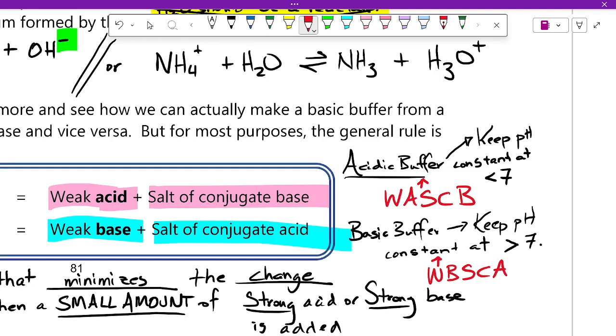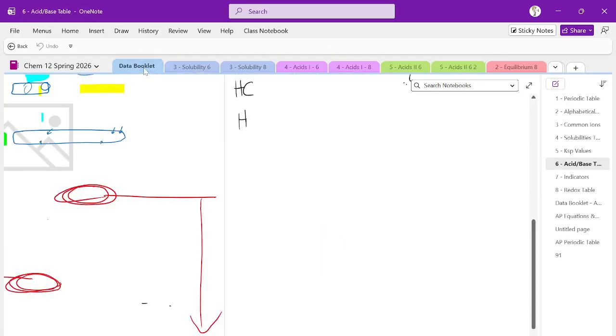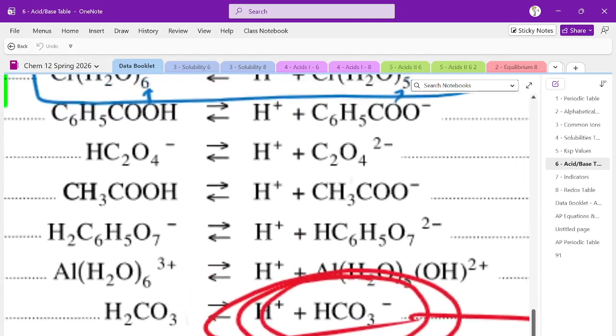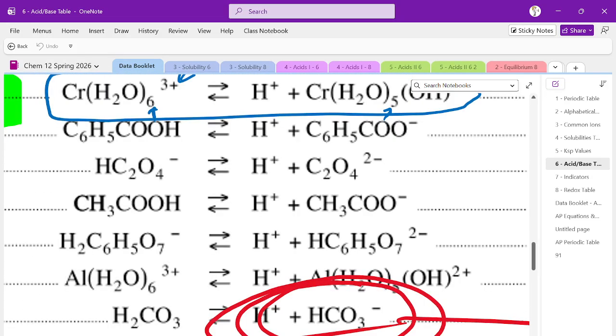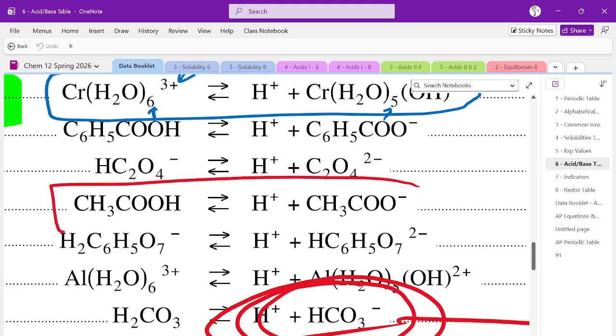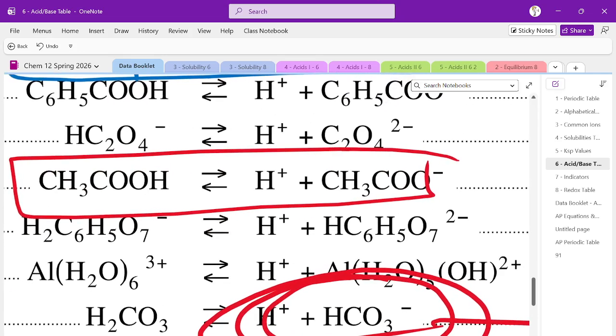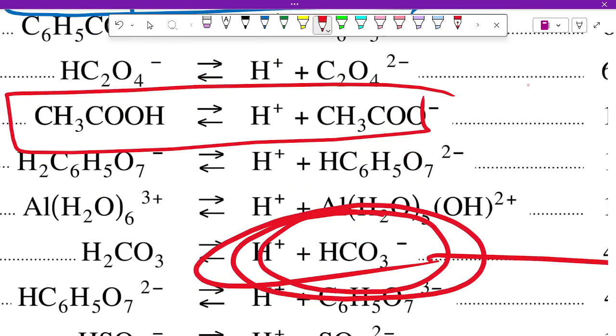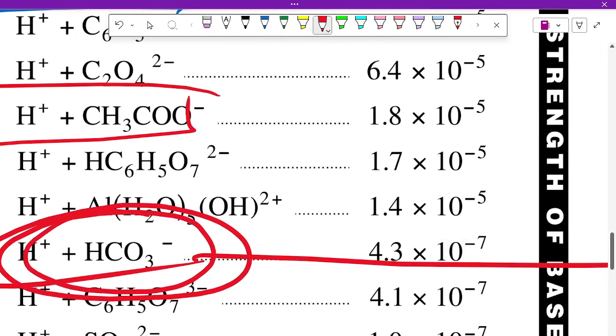Now, if I was really, really being honest with you, then I would tell you that if you really want to know at what pH a particular acid can buffer, or at what pH a particular base can buffer, we would look at our data booklet and we would say the Ka of acetic acid is 1.8 times 10 to the negative 5.